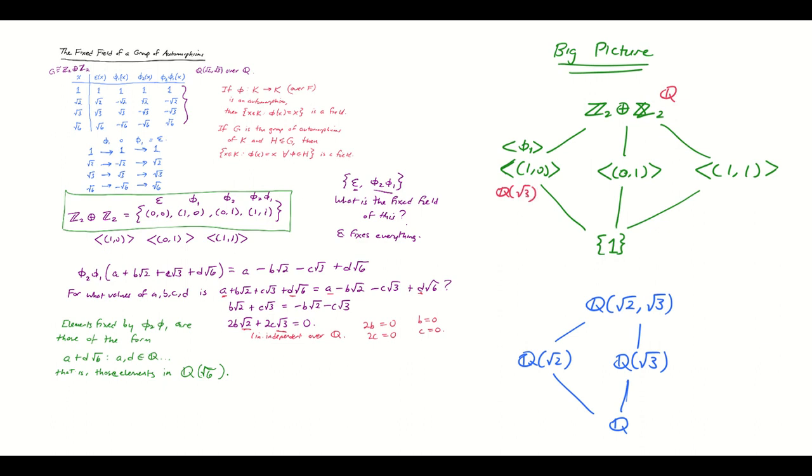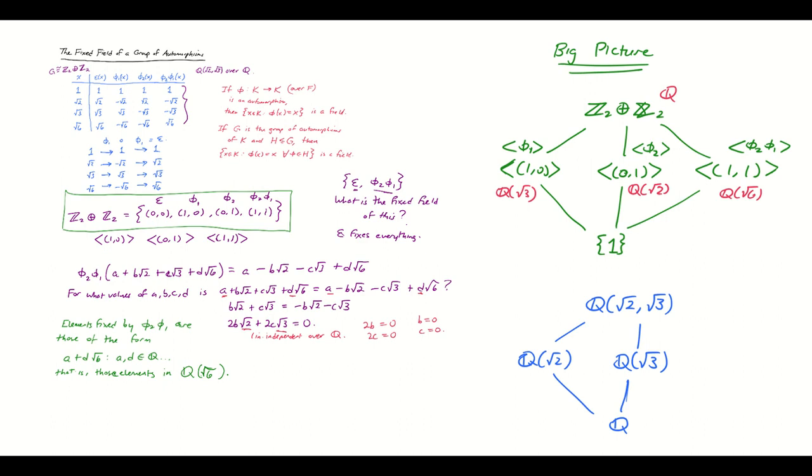And similarly, the fixed field of the subgroup generated by (0, 1), that is generated by phi2, is going to be Q adjoin root 2. And then we actually worked out that the fixed field of this subgroup is Q adjoin root 6. That was the subgroup generated by phi2, phi1.